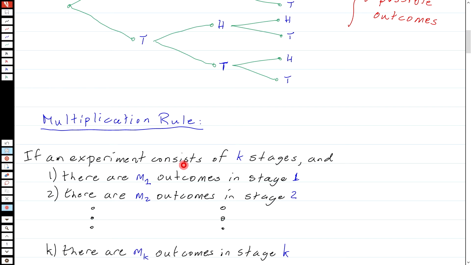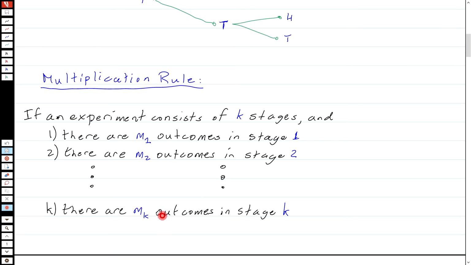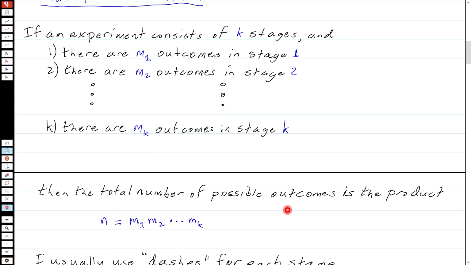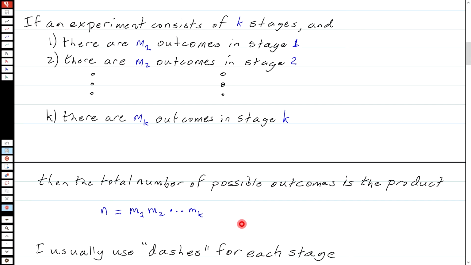If an experiment consists of k stages, and for stage 1 there are m1 outcomes, for stage 2 there are m2 outcomes, and so on to mk outcomes in stage k, then the total number of possible outcomes is the product, m1 times m2 times ... times mk. So n is equal to m1 times m2, and so on to mk. So it's the product of the possible outcomes for each stage.